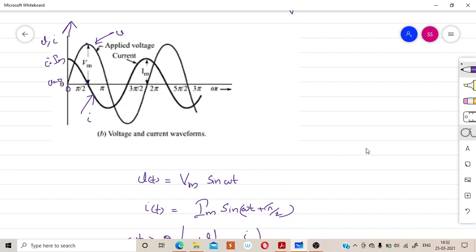Okay, that means two sinusoidal waveforms in which the current waveform leads the voltage waveform by 90 degrees.